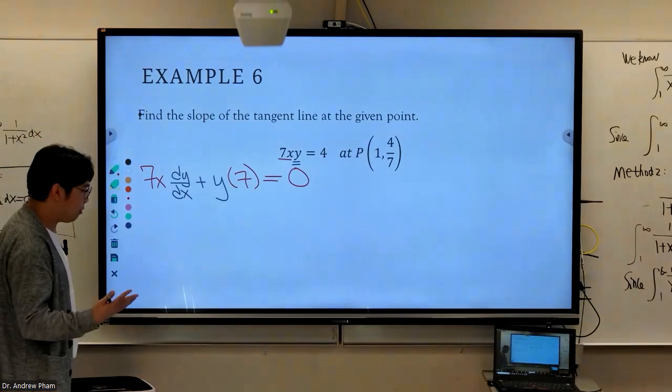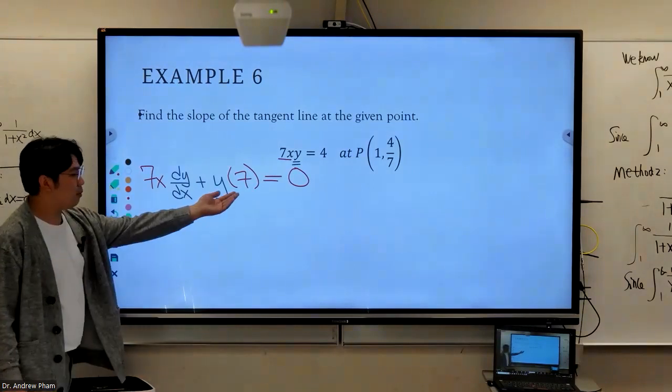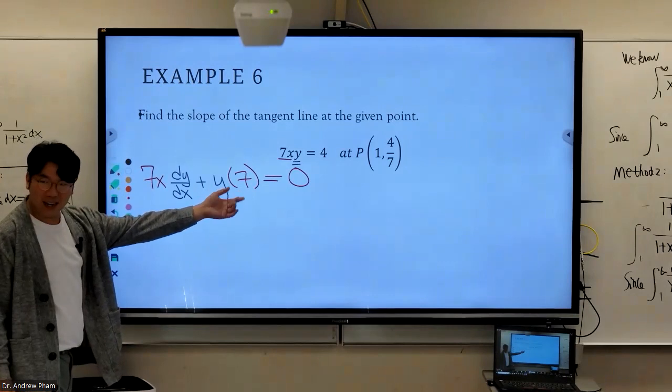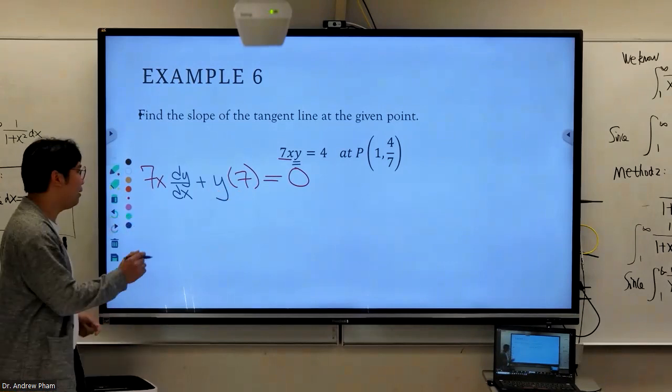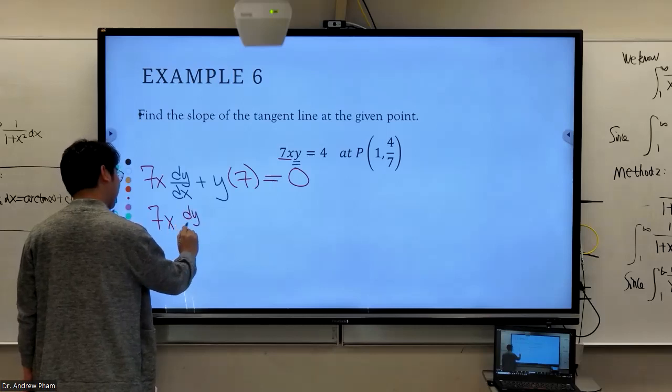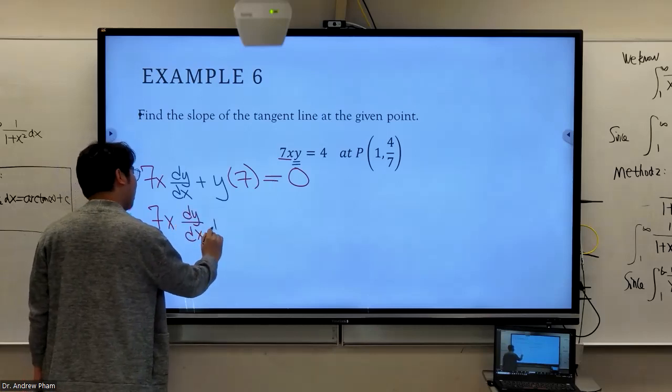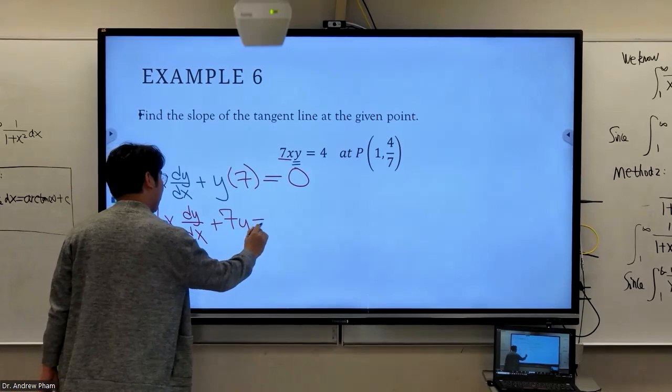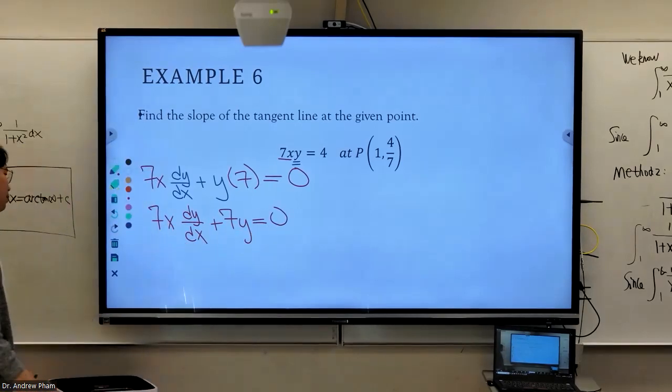All right, so I have this here. And for the sake of having a clean answer, we can do this multiplication real quick, right? y times 7, we get 7y. I'm just going to write that for the sake of making it a clean answer. Plus 7y is 0. So I've done my calculus so far, and now I'm going to deal with the algebra.